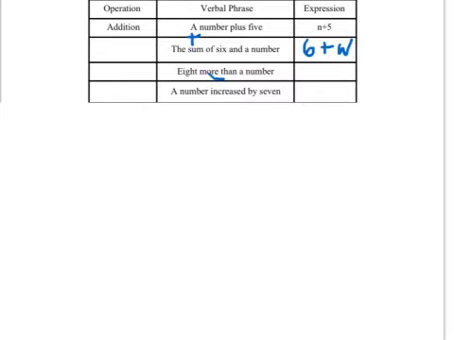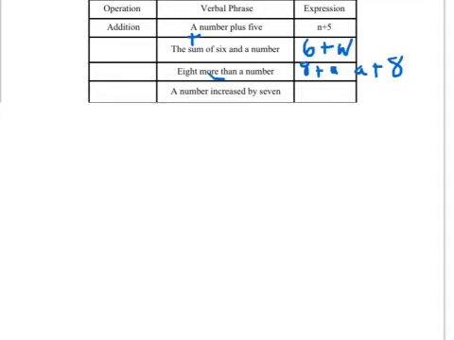We can write this one of 2 ways, really. 8 more than a number could be 8 plus the number, or it could be the number plus 8. Either one of those would work. Then a number increased by 7.